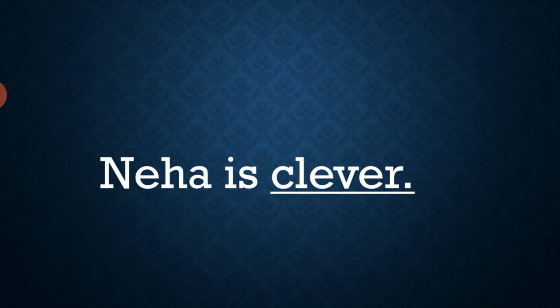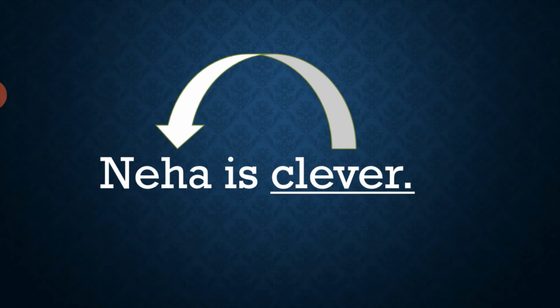And what is a clause? A clause will again be a group of words, but there will be a subject and verb. So try to understand that difference. Then let's have the explanation again: here clever tells about the noun of the sentence, that is Neha.